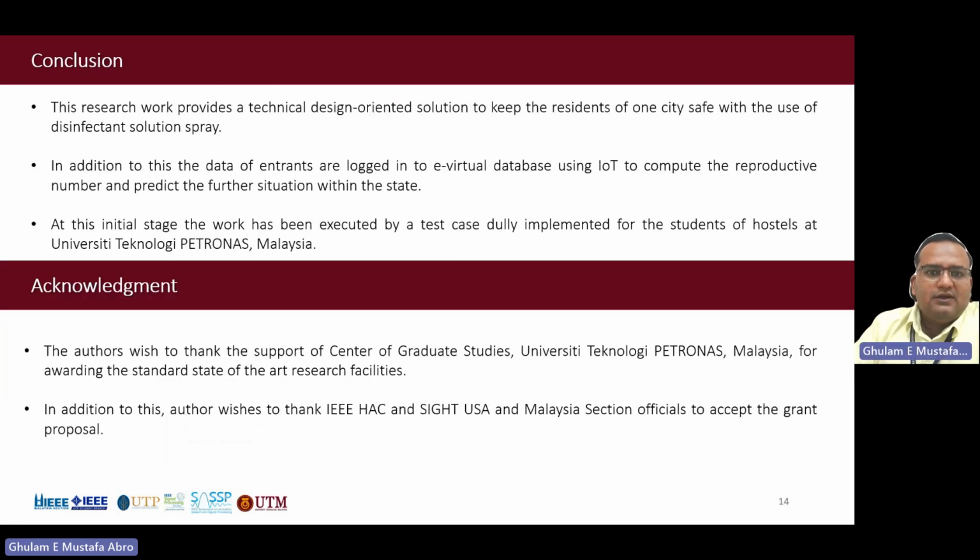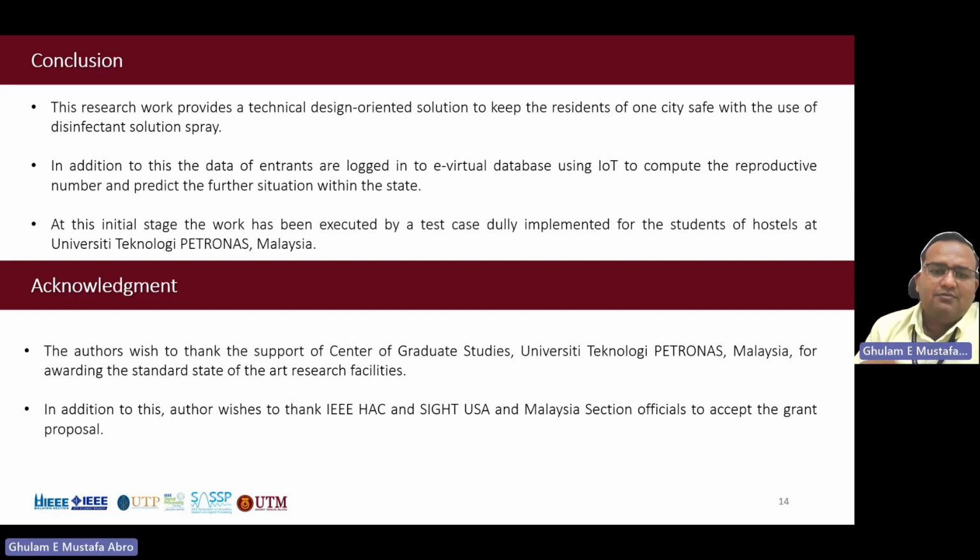So this work somehow gives me a sense of honor and pride that as a researcher I contributed in an area where there was an immense need. Apart from that, I want to acknowledge that the facilities provided by University Technology Petronas were really appreciable.